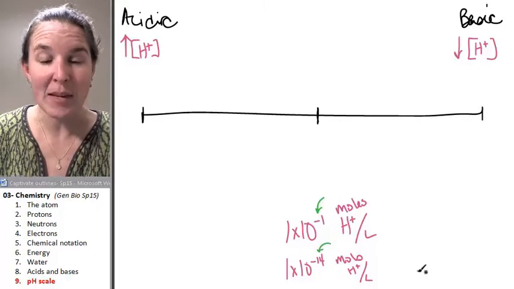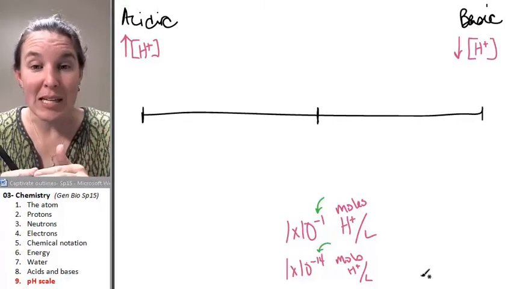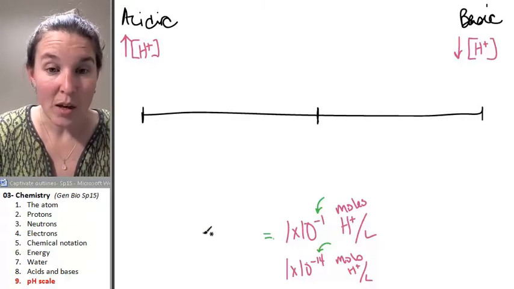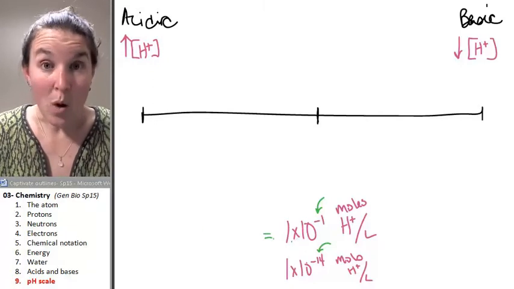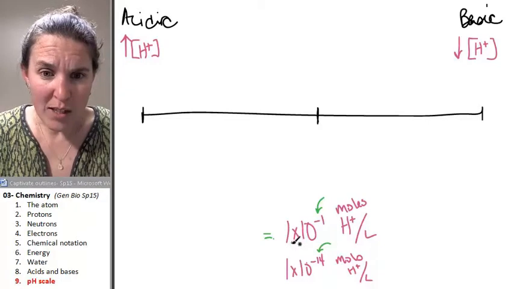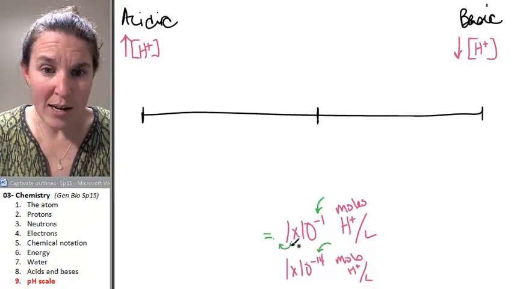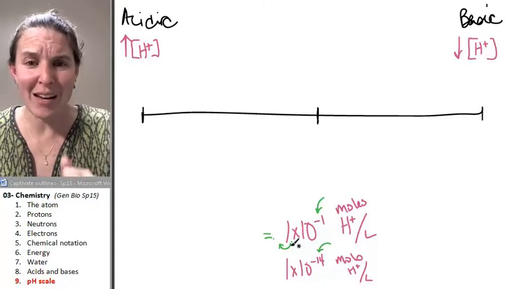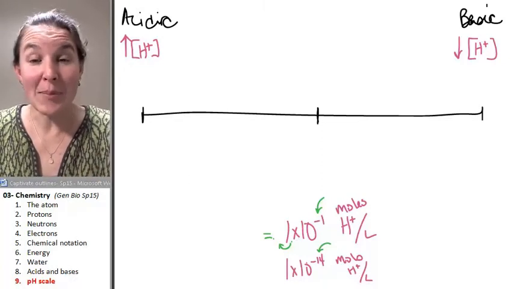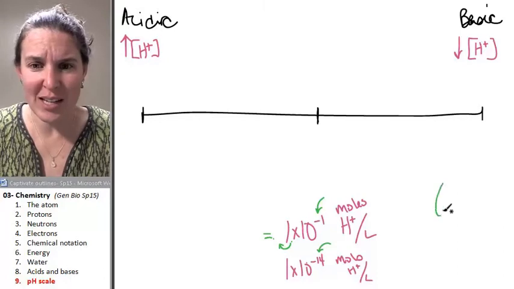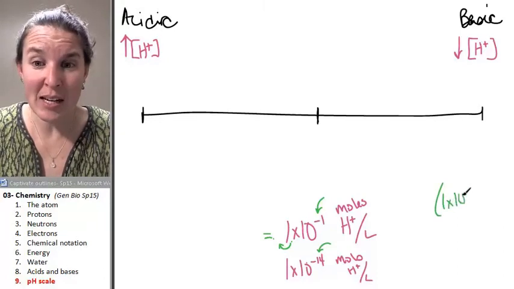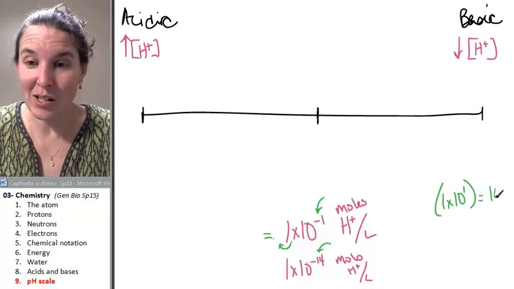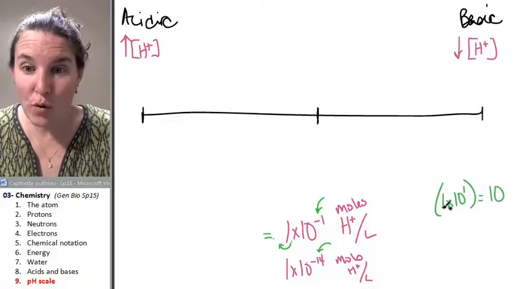The negative exponent means we're moving our decimal point to the left. If we had 1 times 10 to the 1, let's do a little aside here. 10 to the 1 is just 10, so this is actually going to be 10.